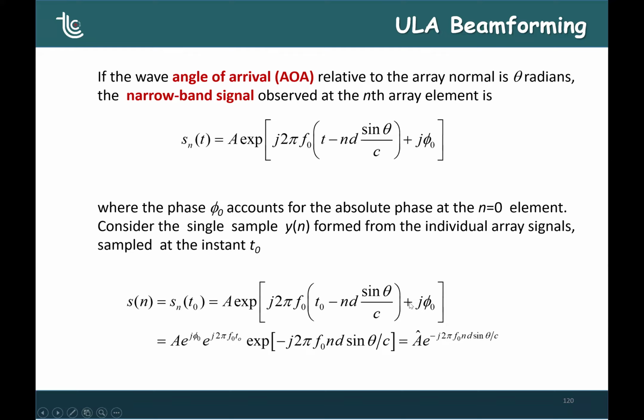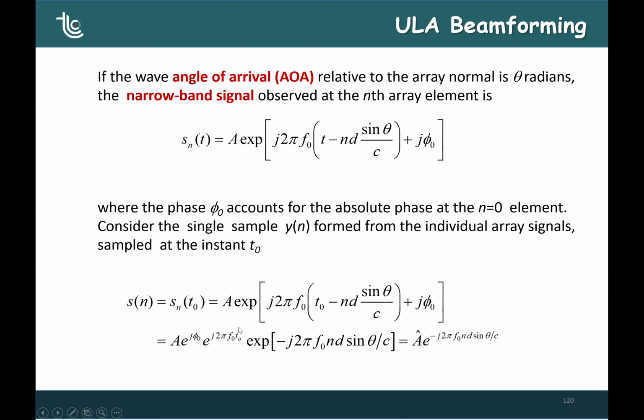Then we put outside all the terms that do not depend on the position of the antenna. So we have e to the j phi sub 0, because this is the same for all the elements of the antenna.